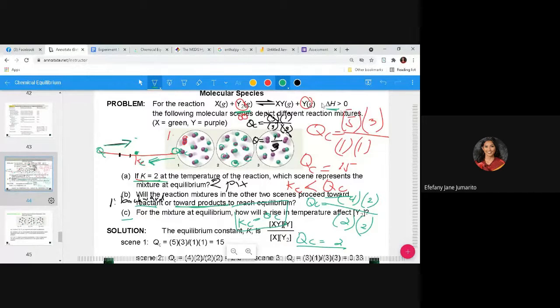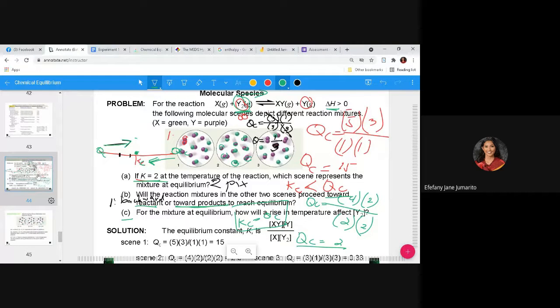A rise in temperature will favor products because it's endothermic. What will happen to Y2 if it favors product? It will be consumed, it will decrease.